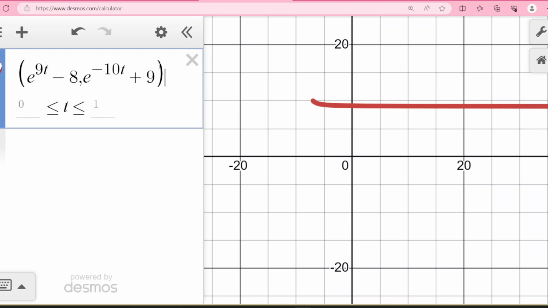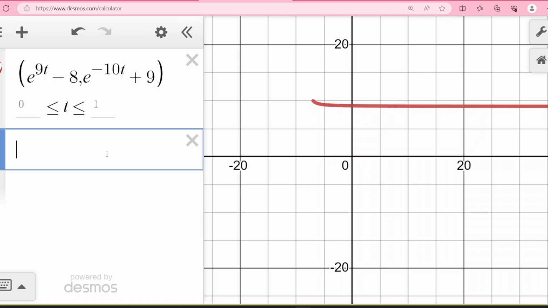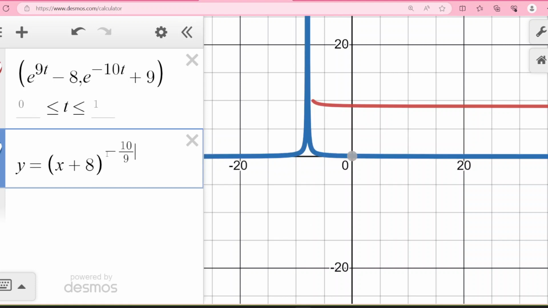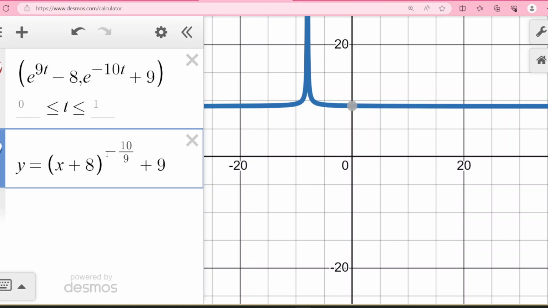All right, so you see the curve there, starting with t equals 0 to t equals 1. Now if I graph that's just from t equals 0 to t equals 1. Now if I graph what I got from the Cartesian, y equals x plus 8, raised to the negative 10 ninths, and then plus 9. You see how that overlap, the red graph is being overlapped here, right? It's part of that curve.